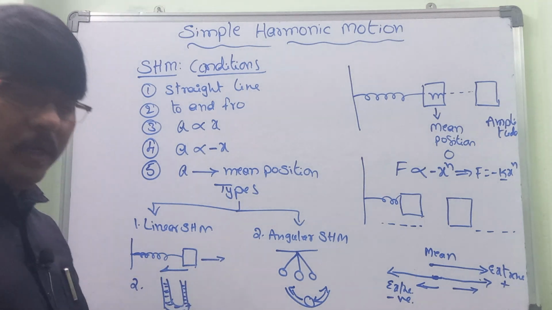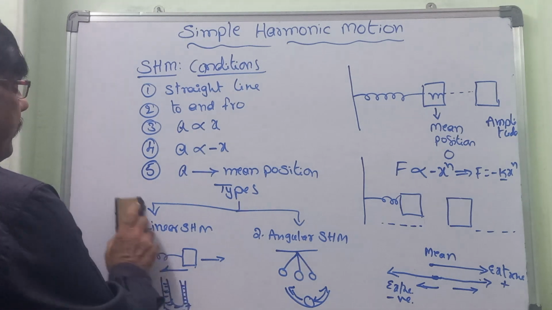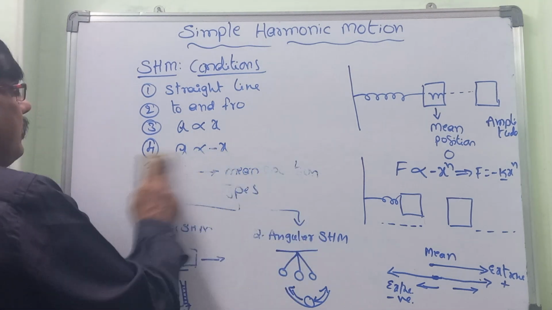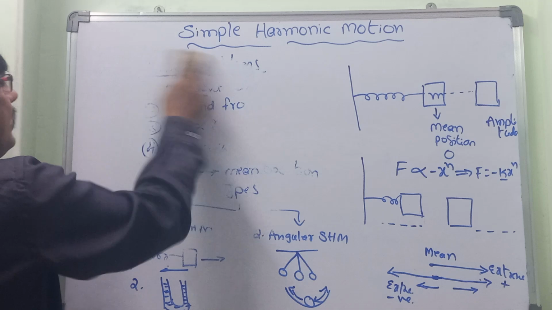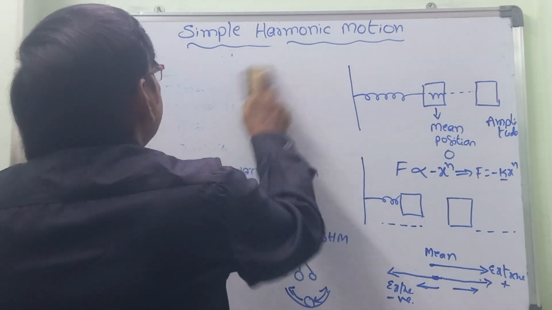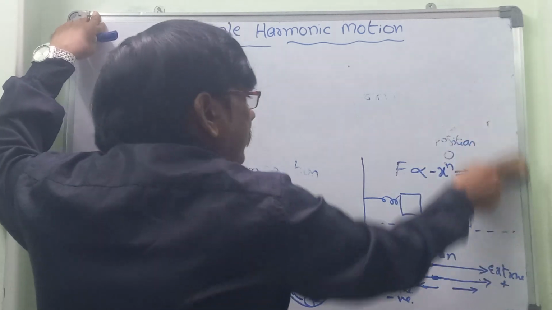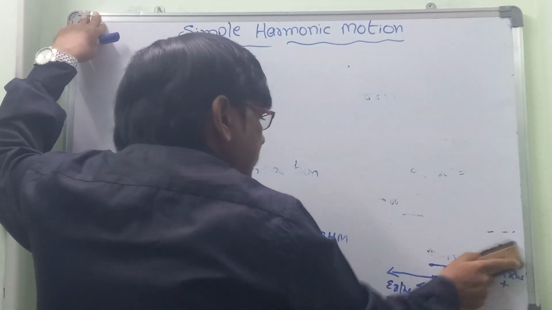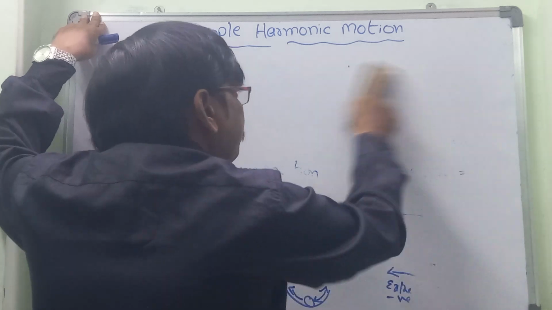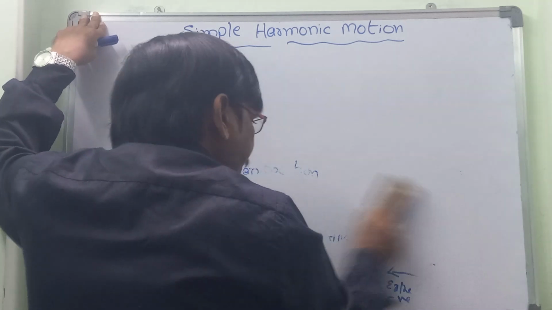This simple harmonic motion can be explained by means of a circle, a reference circle or phasor diagram. Through the reference circle, let us discuss simple harmonic motion.